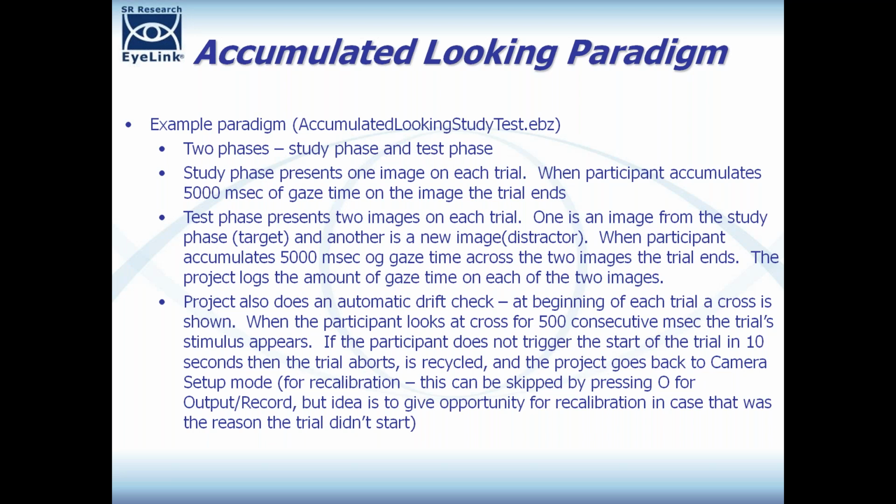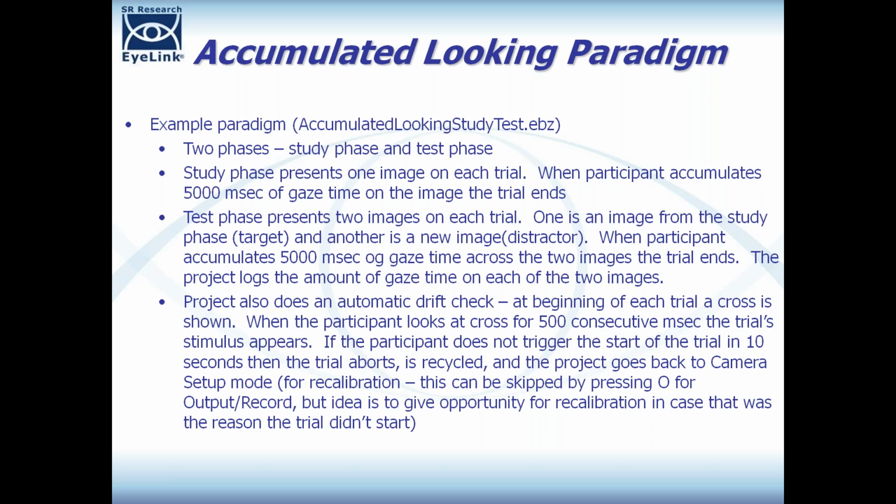Basically, at the beginning of each trial, a cross will be shown on the screen, and you could change that to a movie file or whatever, but in this example, just for simplicity's sake, we're using a cross. It's going to present a cross and then wait for the participant to look at that cross for 500 consecutive milliseconds. Once the participant does that, the trial's images will appear, and then the accumulated looking process will start.